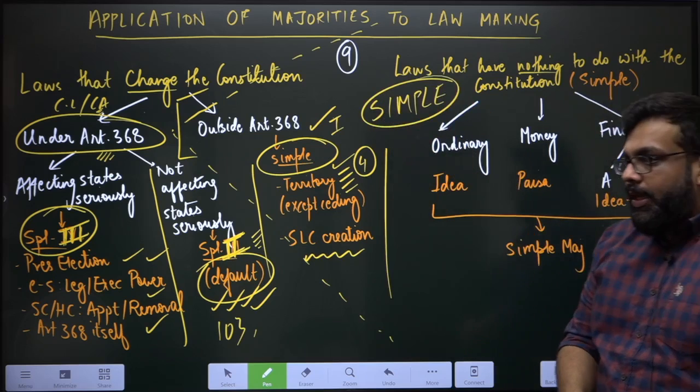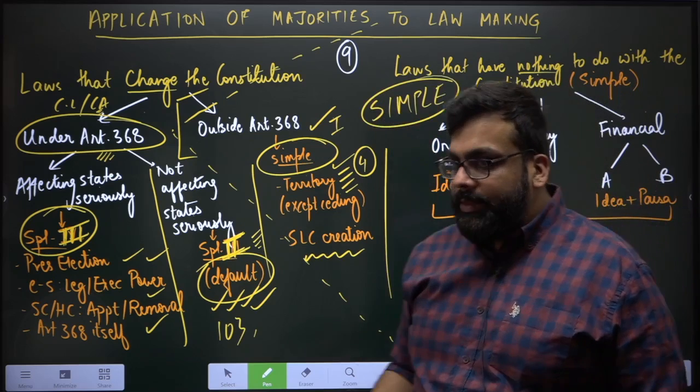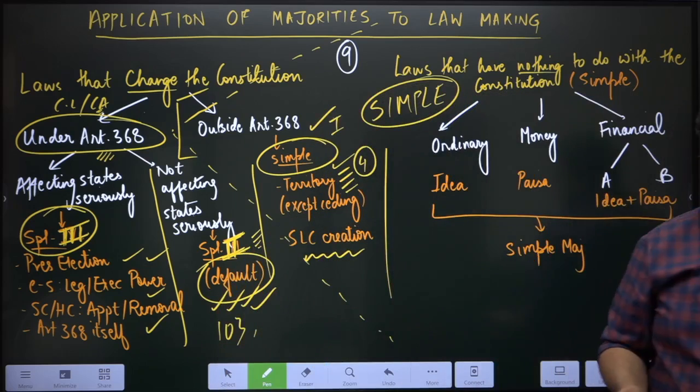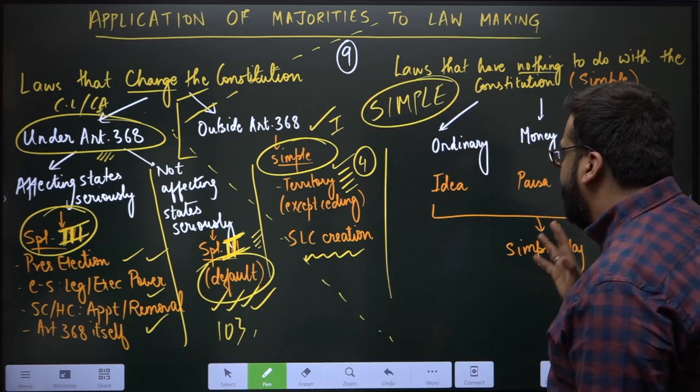So whether it is the triple talaq law, whether it is the child marriage law or the child labor law or the immoral trafficking law, all of them require a simple majority.